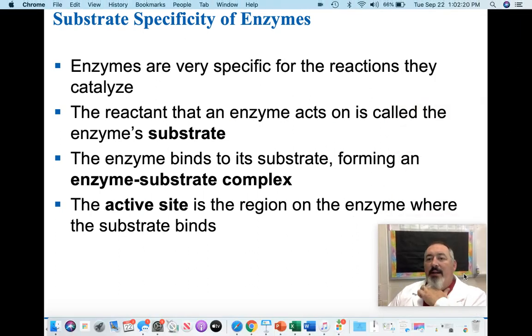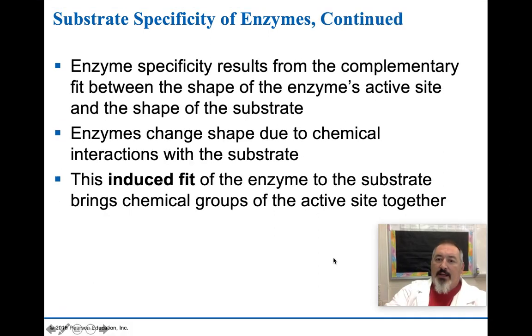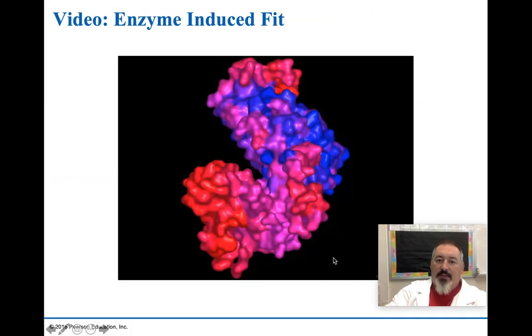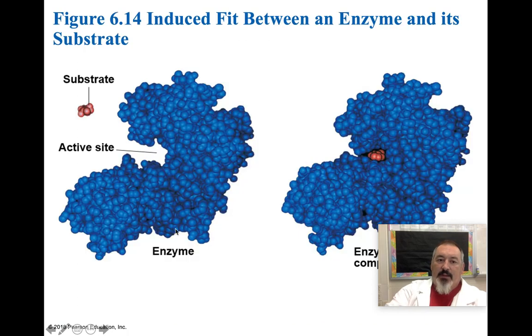So if you look at an enzyme itself, an enzyme is going to have some characteristic properties, and it's going to act on something called a substrate. So let's go ahead and talk about these structures and identify them in just a moment. This structure is representing all the different molecules involved.